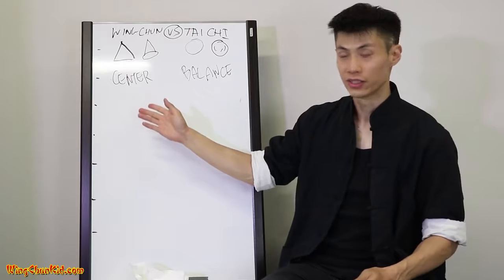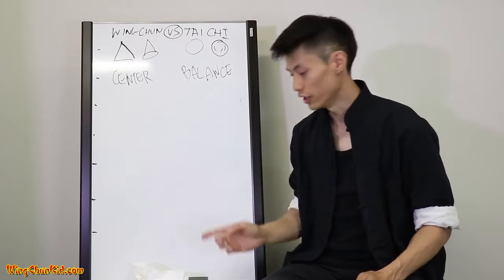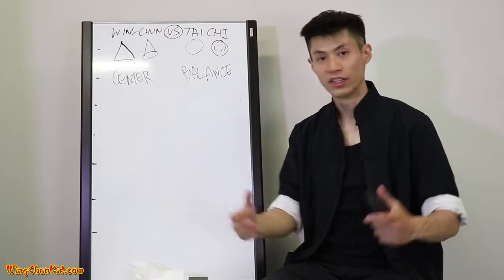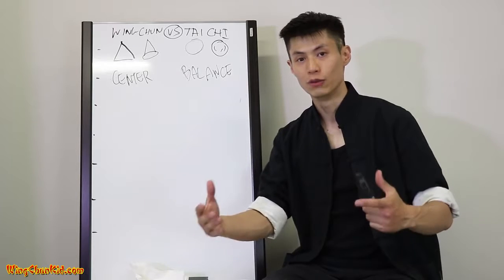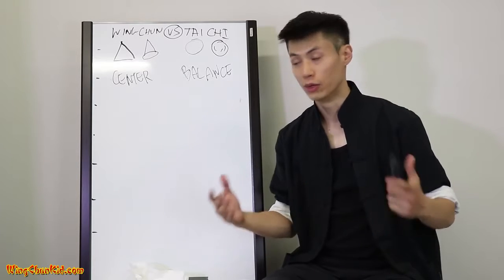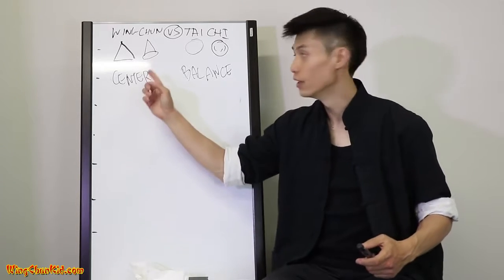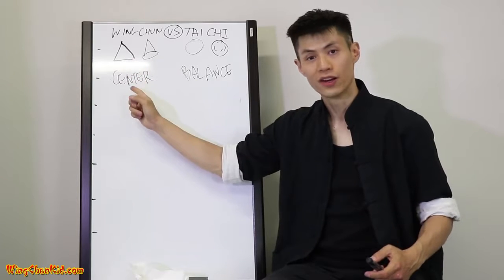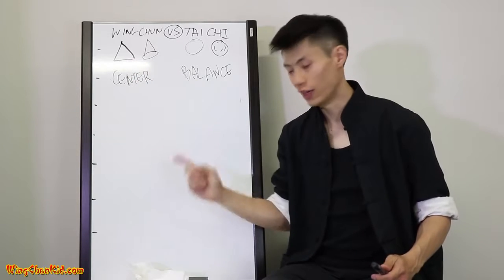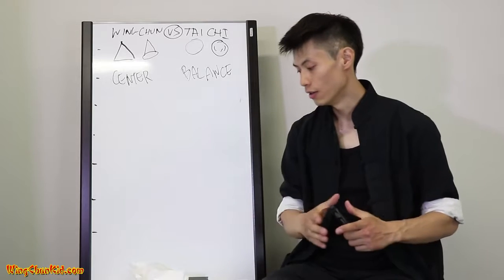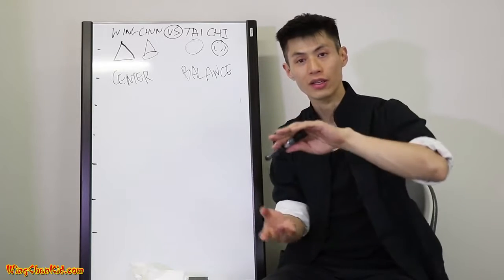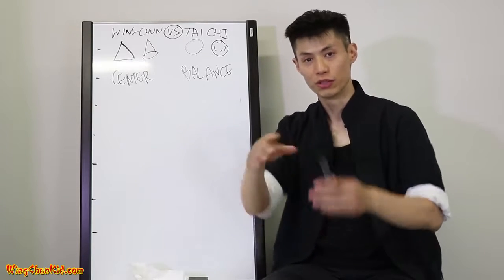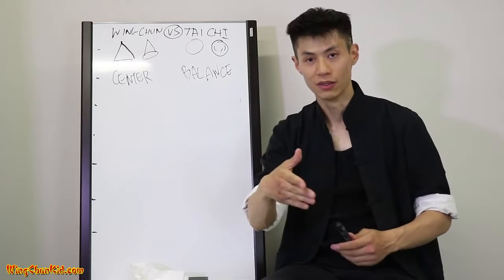The third major characteristic difference between Wing Chun and Tai Chi is how they deal with force. What do they do with incoming force? Well, what Wing Chun would do is, once again, use a triangle to fortify the center. But how do you fortify the center? They do that by moving around the obstructions to get back into the center.